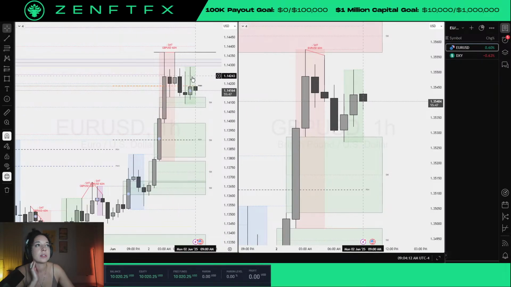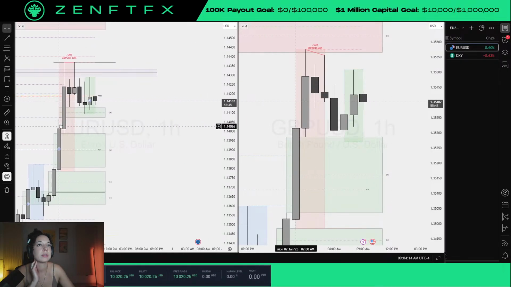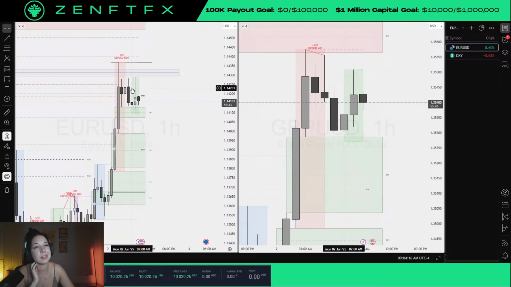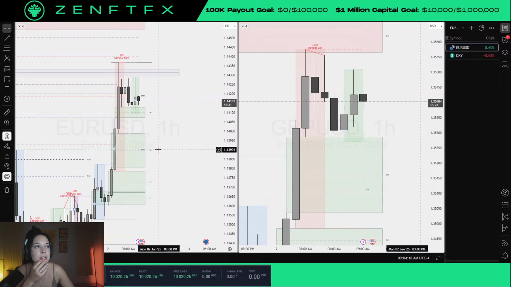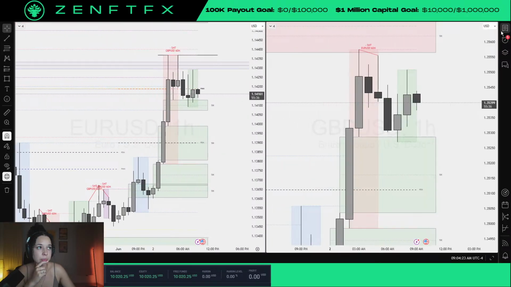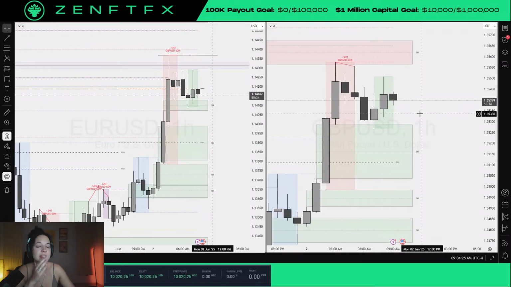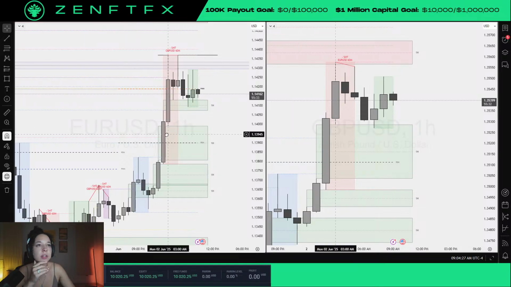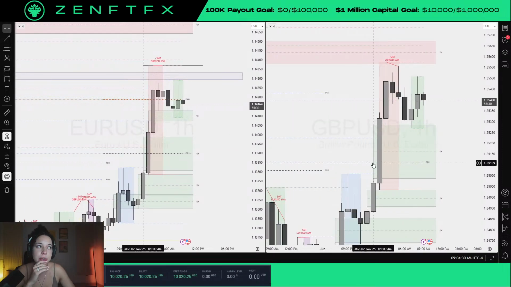That coincides with this hourly level as well. So we could see some downward pressure, or some dollar strength that could push EURUSD and GBPUSD down.